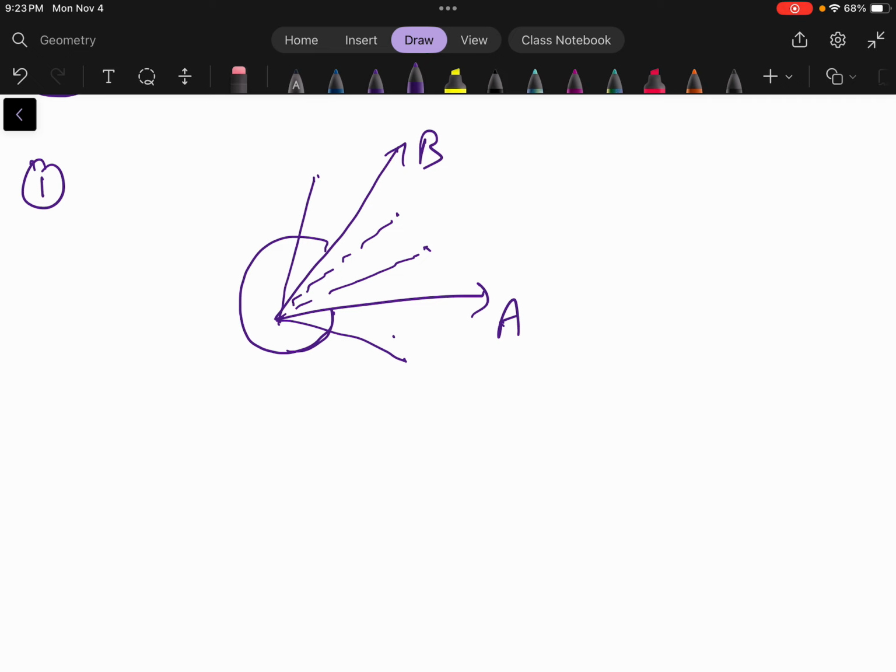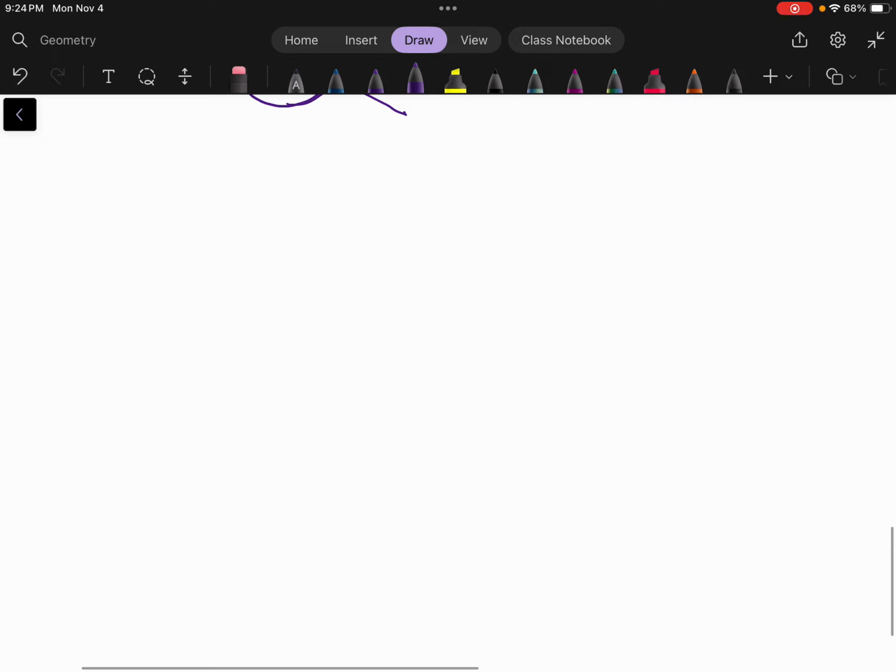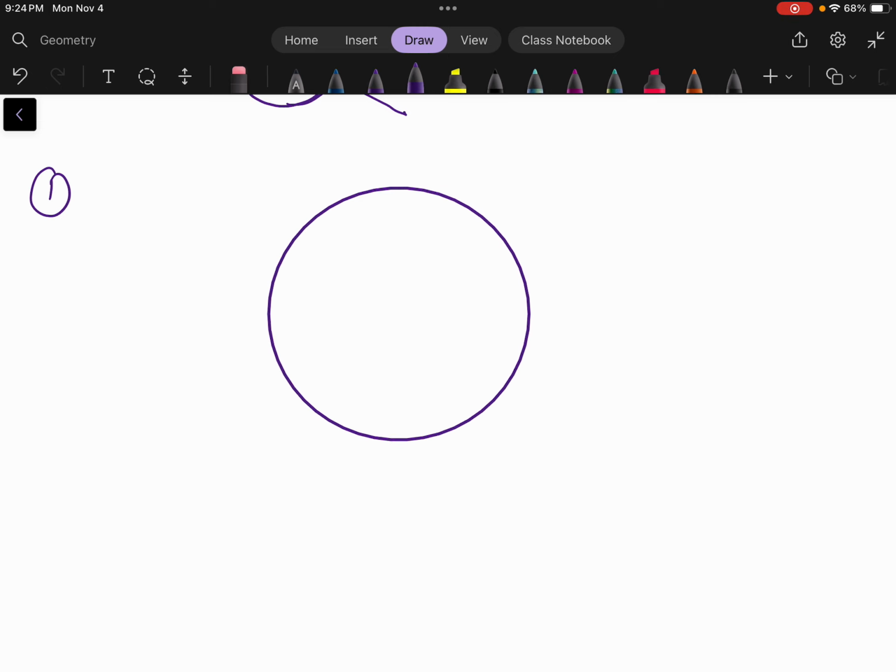Now we are trying to discuss a few important points. The first is a circle. Let's assume we have one circle, and the origin of this circle is O. The circle is divided into 360 equal parts.